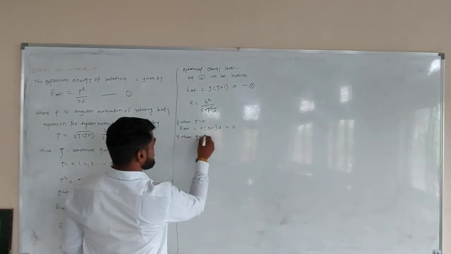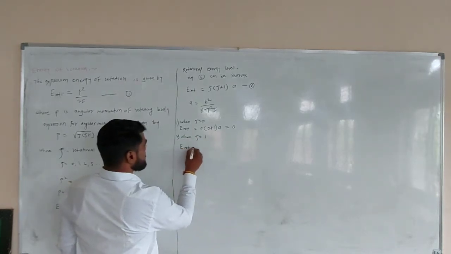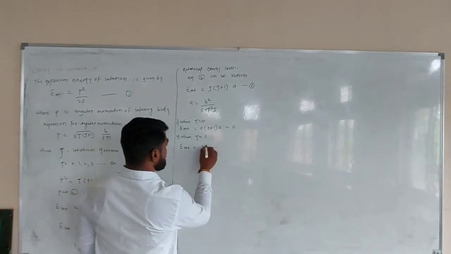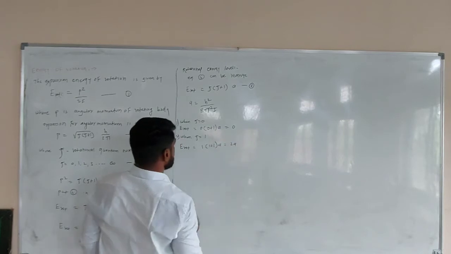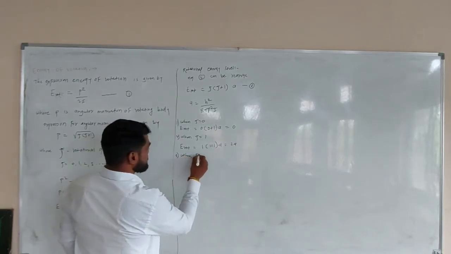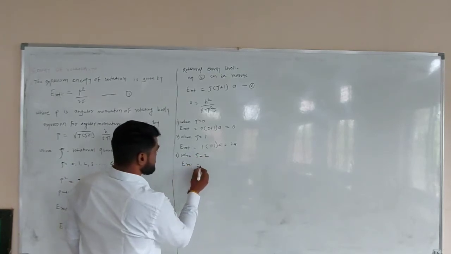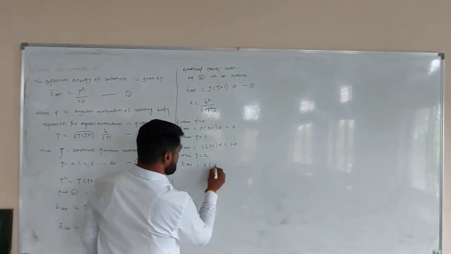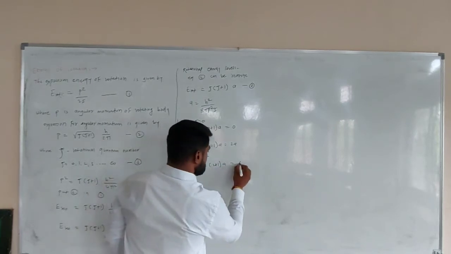When the value of J is equal to 1, then the energy of rotation is 1 into 1 plus 1 into A, that is 2A. Third case, when J is equal to 2, then the energy of rotation is 2 into 2 plus 1 into A, that is 6A.